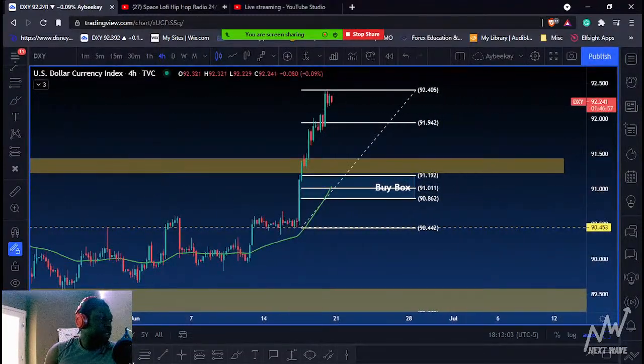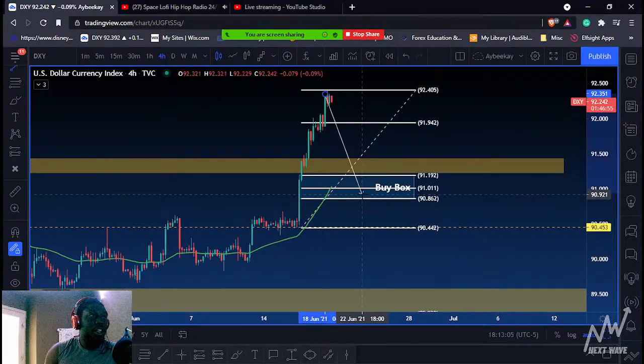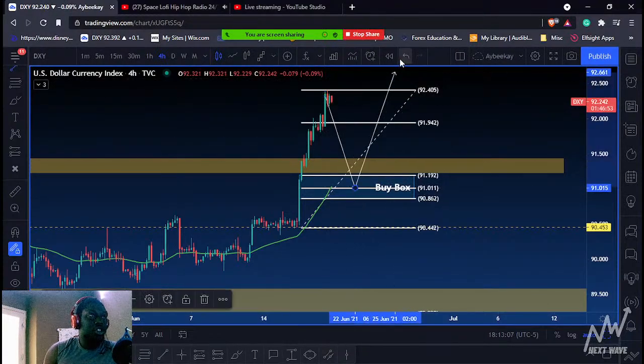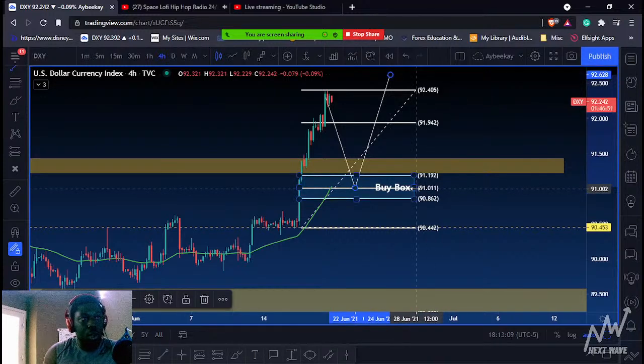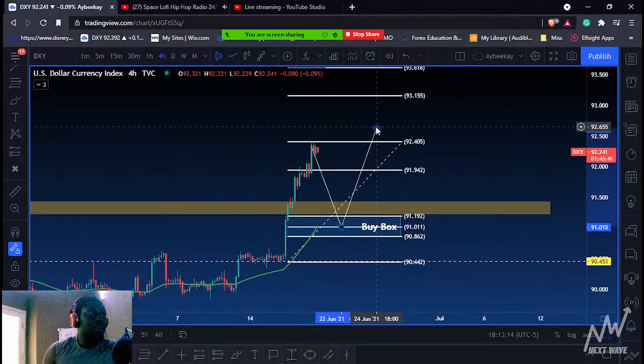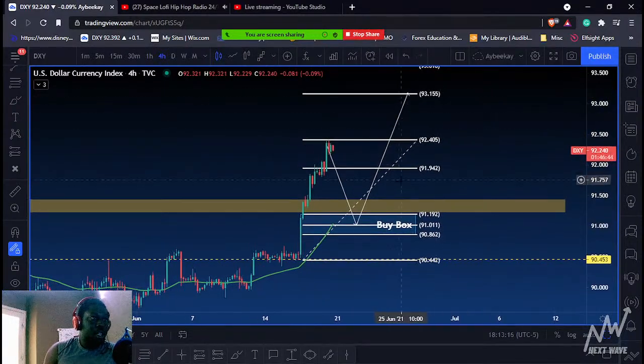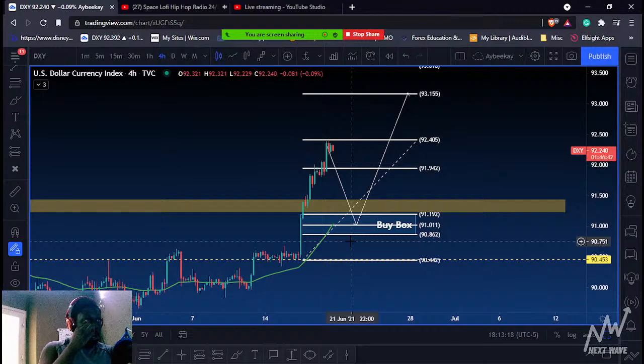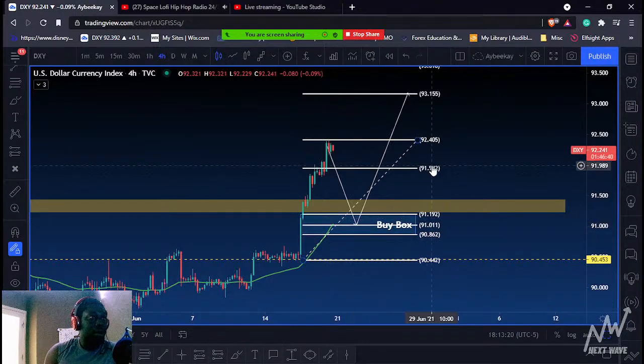What it could really do is just come right back down, retest. You guys know my 71% at 91.011. That's what I'll be looking for, and for price to continue to the upside. That's what I would be looking for this to play out, right?